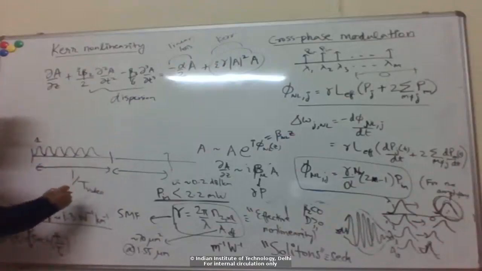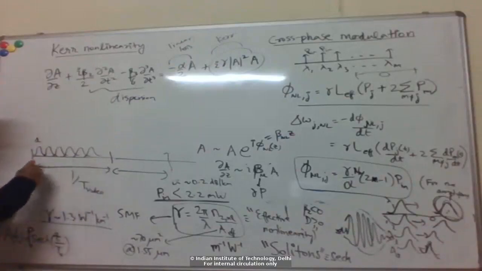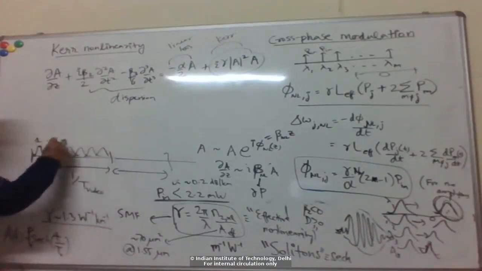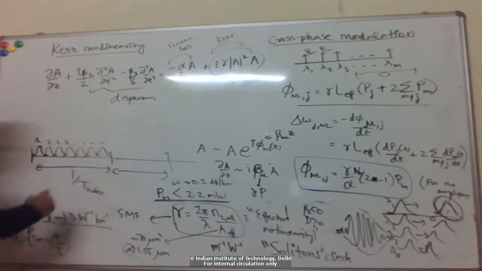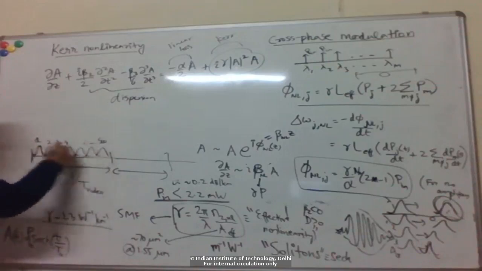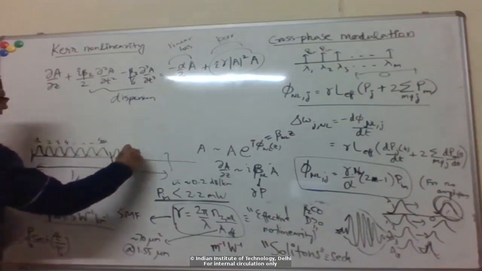And then my optical pulse period, for 40 gigabit per second, is 1 over 40 nanoseconds, or 25 picoseconds. So I can fit in 40 pulses here in one bit period. So I can simultaneously send 40 different video channels.